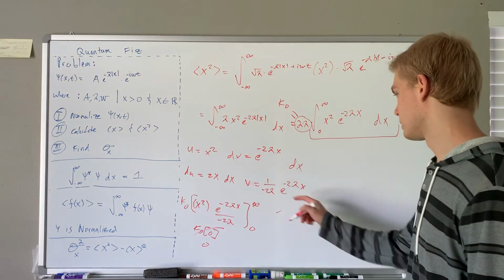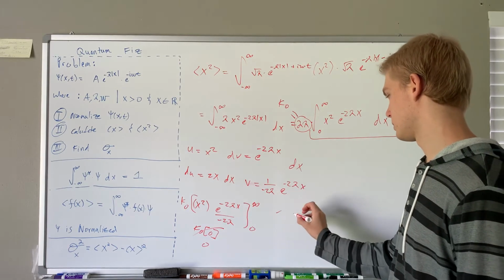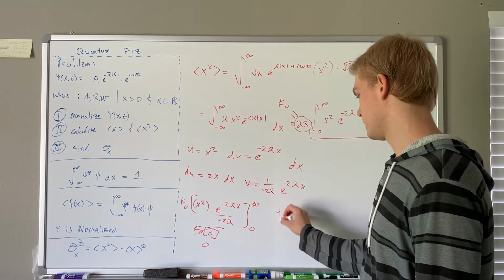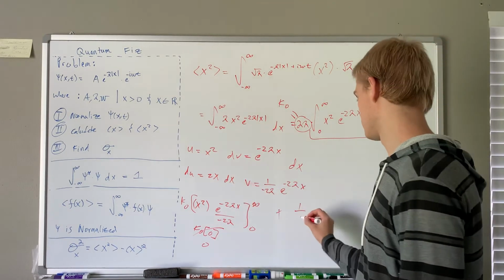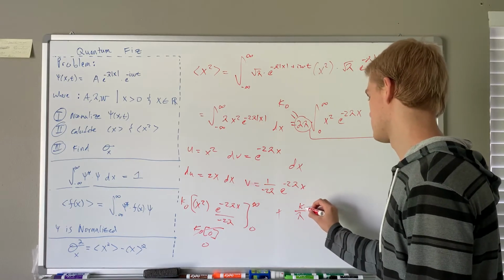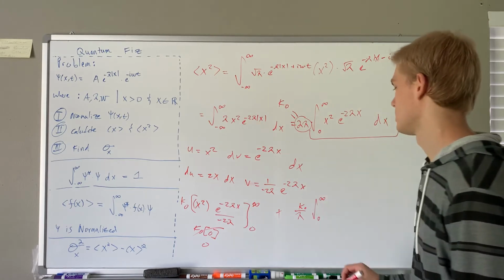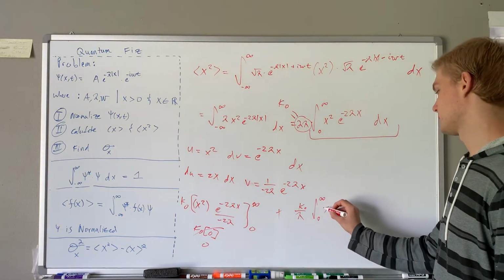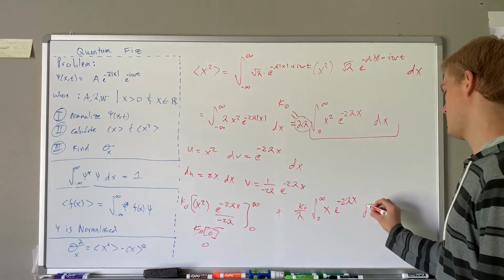So you're left with 2 times 1 over negative 2 lambda, and it's negative, so I plus it. And I get rid of the 2's, times k naught, and it's the integral from 0 to infinity of x times e to the negative 2 lambda x dx.